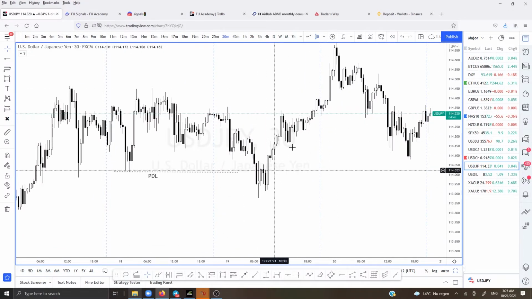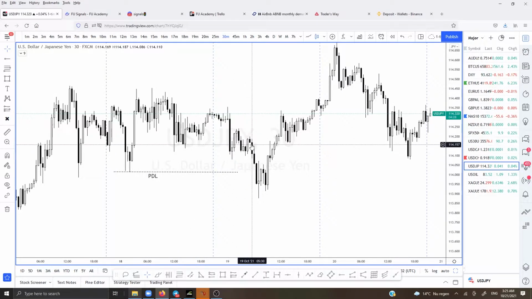Yesterday USD JPY was rallying below the previous day low. We all know these previous day lows and previous day highs are actually liquidity pools.